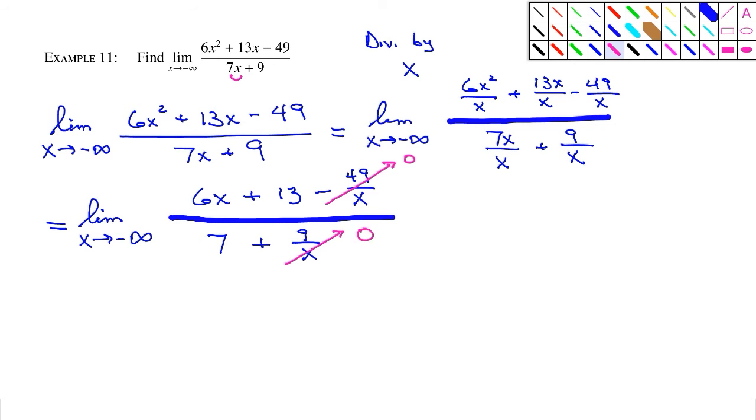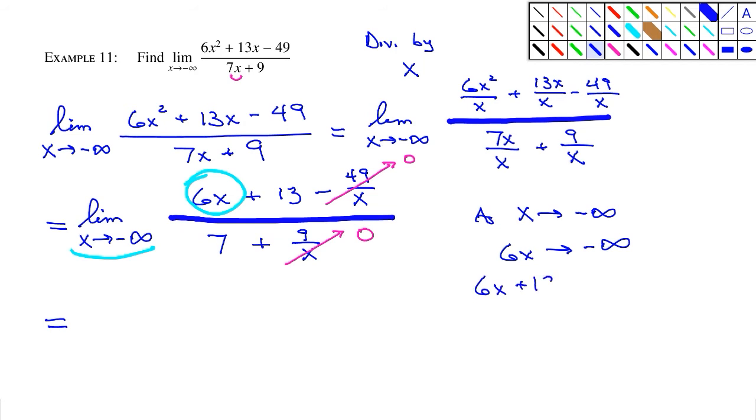The 13 is fine, the 7 is fine, but this 6x right here, that's a problem. That one still has an x in it, and that means it's subject to doing whatever the limit is doing, which is x goes to negative infinity. So I really have to think about what's going on here. As x goes to negative infinity, 6x also goes to negative infinity. And then what happens when you add 13 to that?